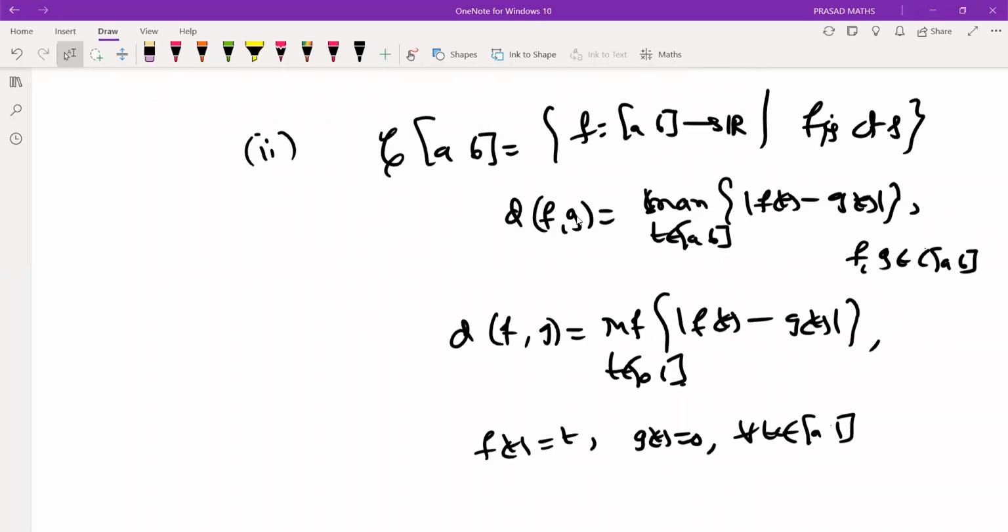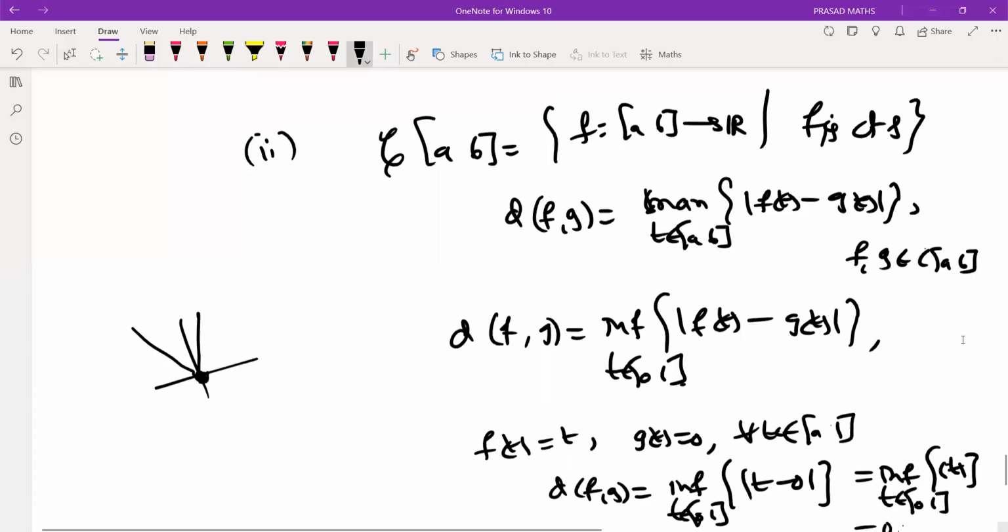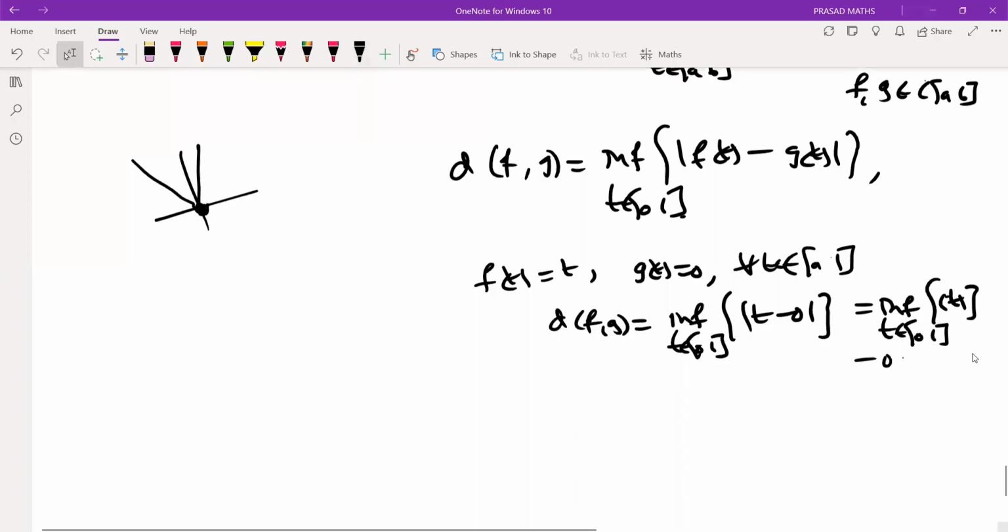Right? So what about the distance? Distance between f and 0 is equal to the infimum of f of t, which is nothing but t minus 0, where t belongs to the closed interval 0 to 1. Therefore this is the infimum of mod of t where t belongs to [0,1]. What is the infimum of mod of t? 0, right? It is 0. So the distance is 0, but the two functions are not the same.